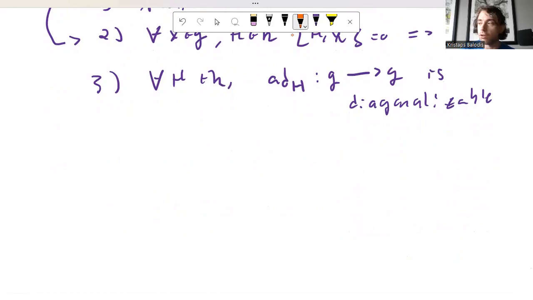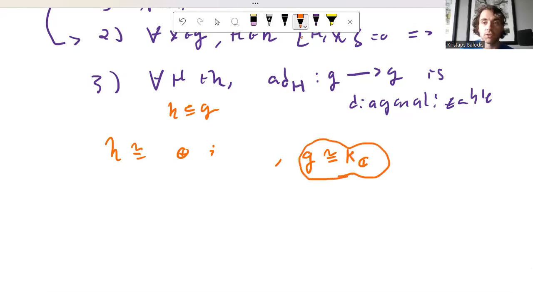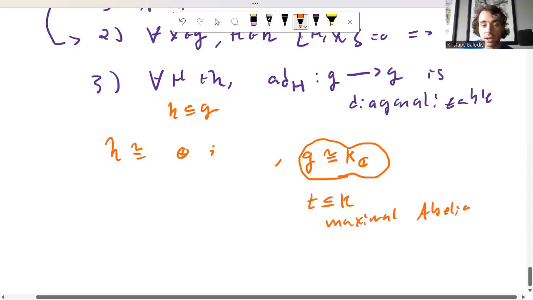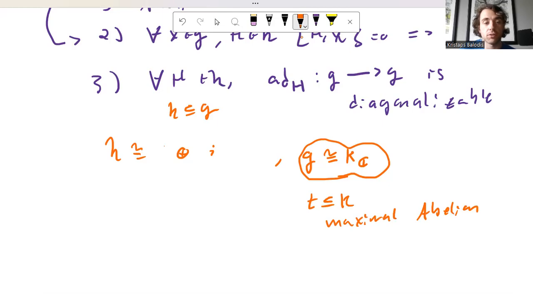If H is a Cartan subalgebra in g, and g is reductive, meaning that it's isomorphic to the complexification of some compact subalgebra K, then if you take a maximal abelian subalgebra T of K, just find the biggest abelian subalgebra you can, then H will be isomorphic to the complexification of T. So there are two statements here.